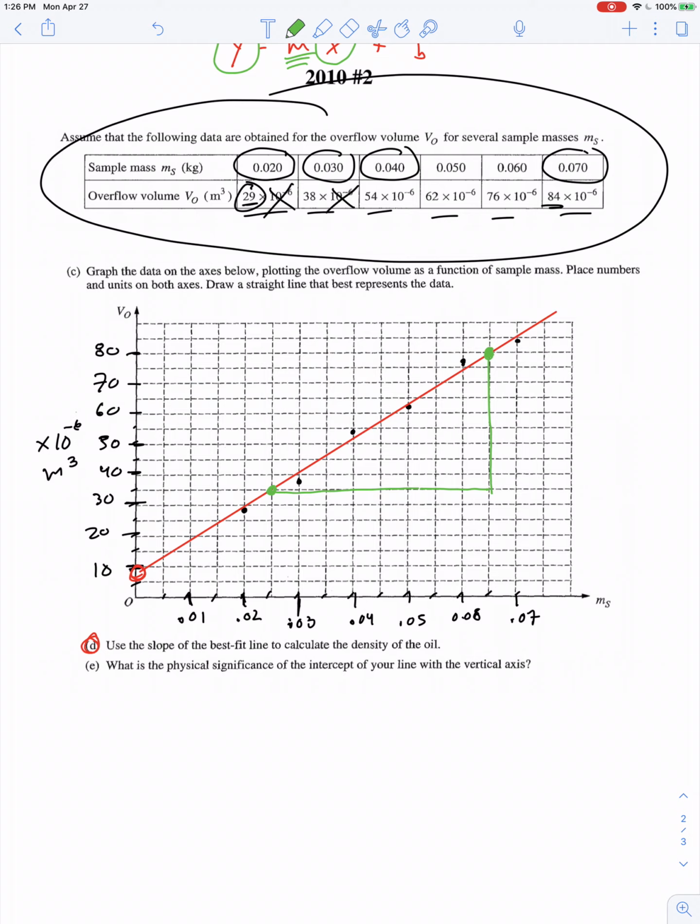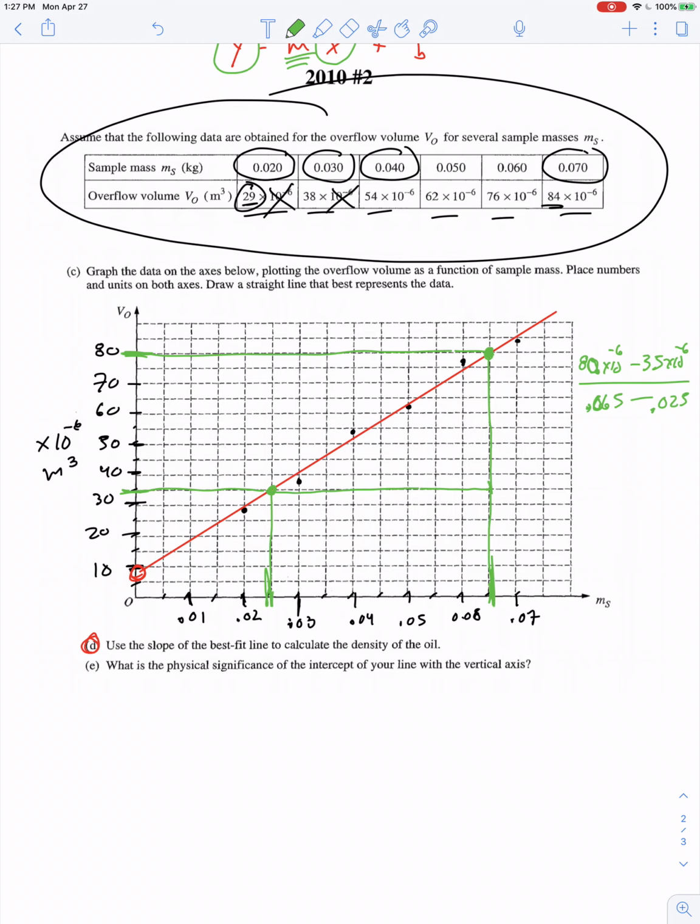So our slope is 80 times 10 to the negative 6th minus 35 times 10 to the negative 6th divided by 0.065 minus 0.025.